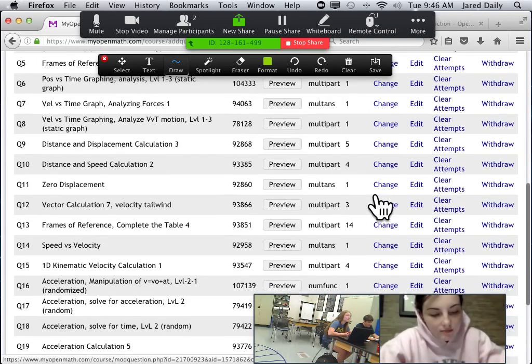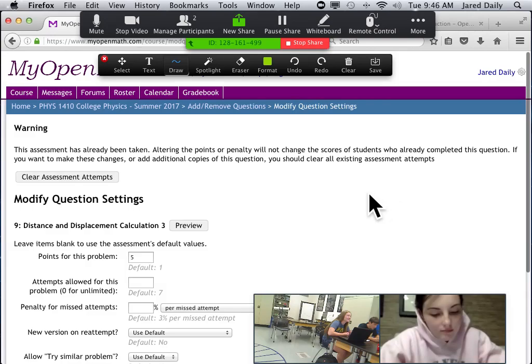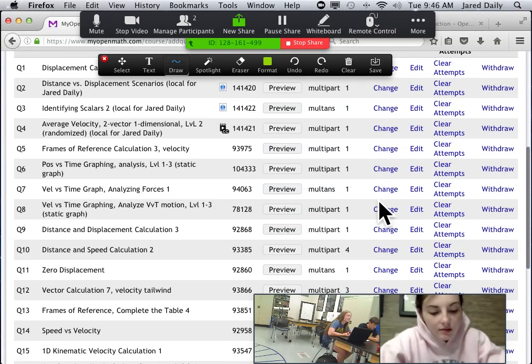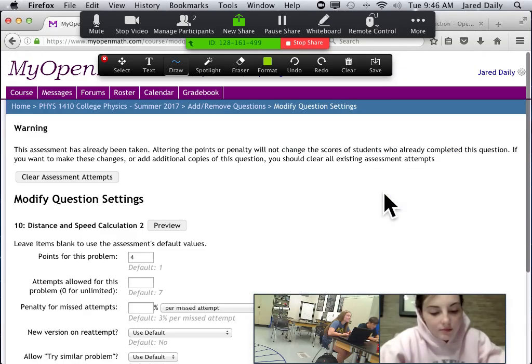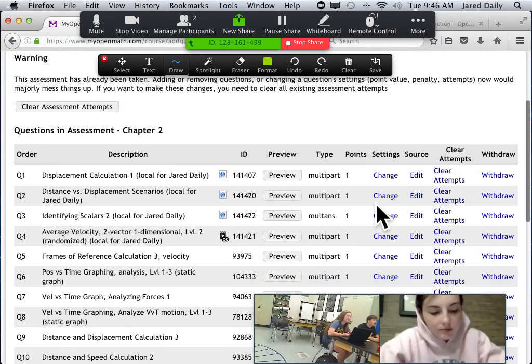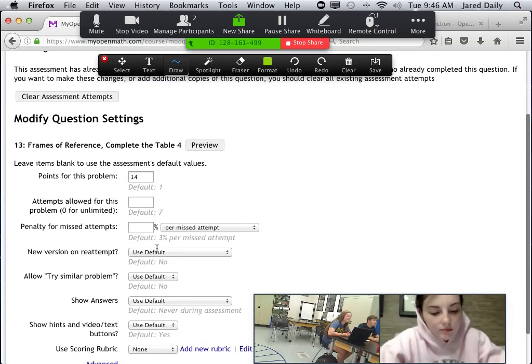There we go. Change settings here. Points, 1. That's better. Change points, 1. So it's the points for all problems on that. Yes.